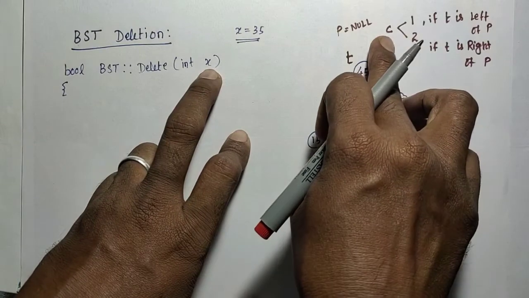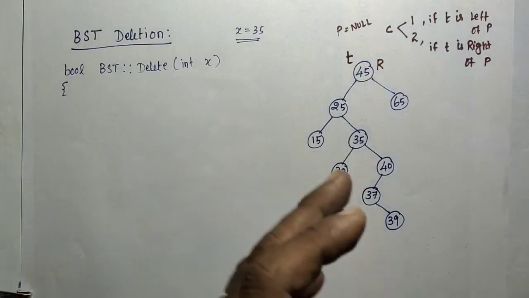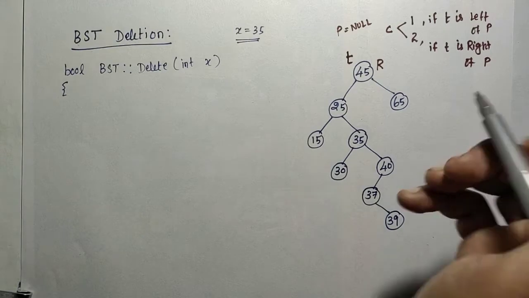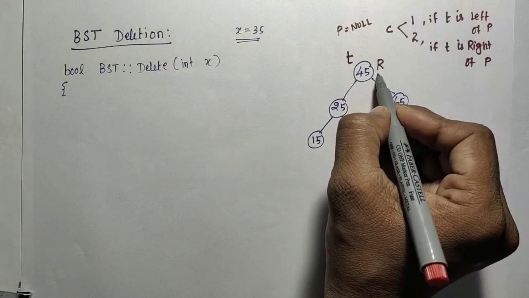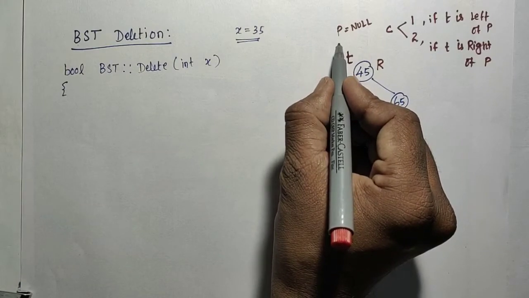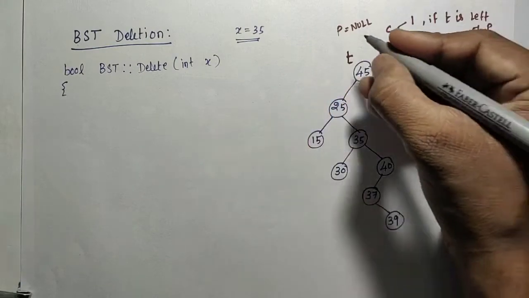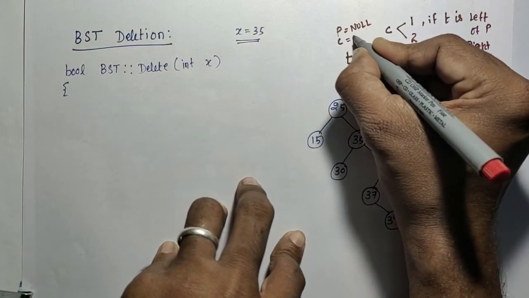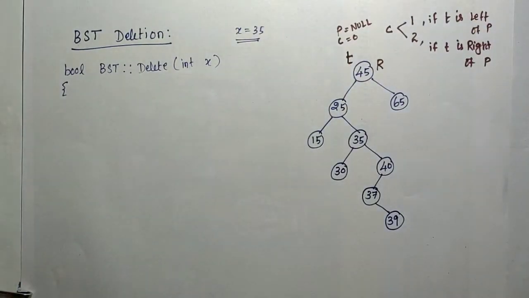That information is there in c. Initially, when t is pointing to the root, there is no parent for t, so by that time c equals 0.